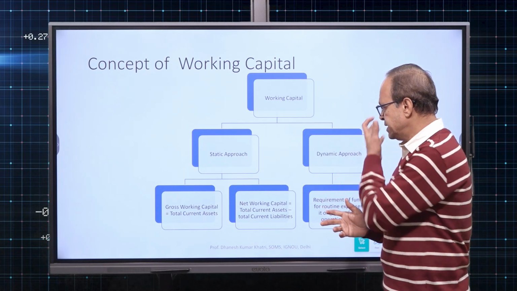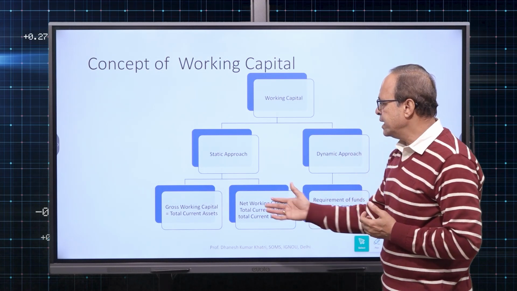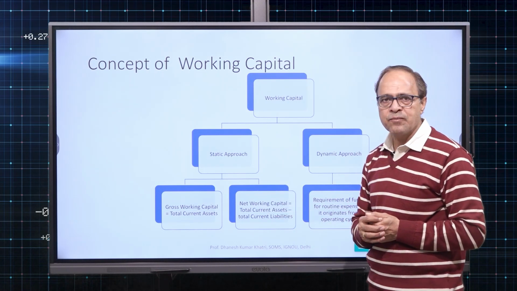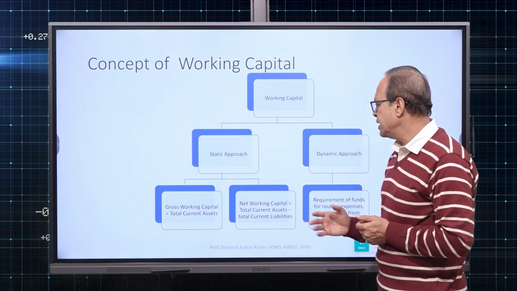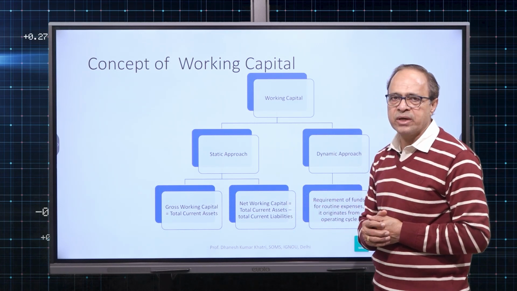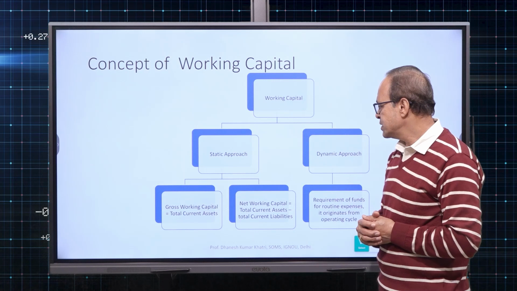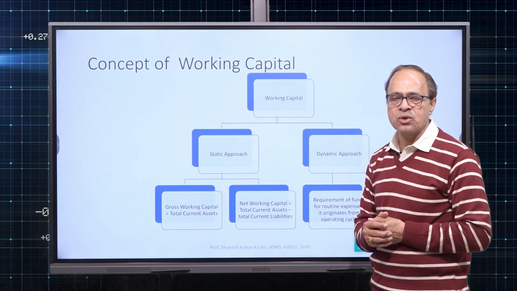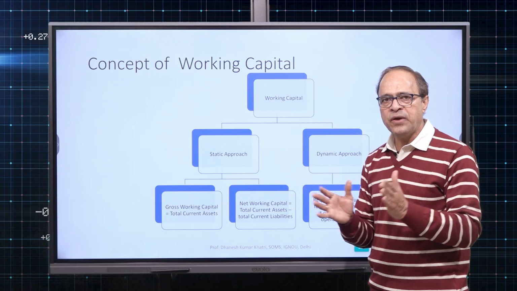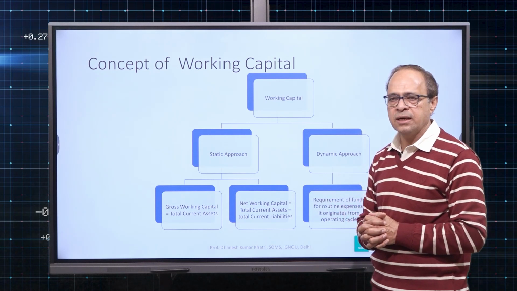Now, static approach says working capital can be gross working capital, which means sum total of current assets, and it can be net working capital, that is sum total of current assets minus sum total of current liabilities, that is difference between current assets and current liabilities.